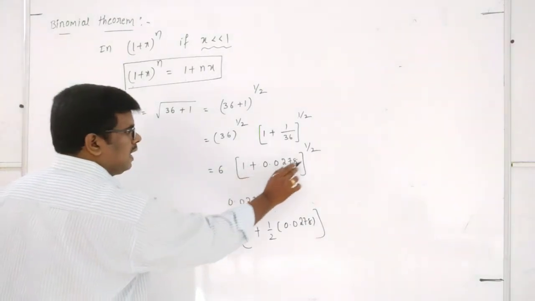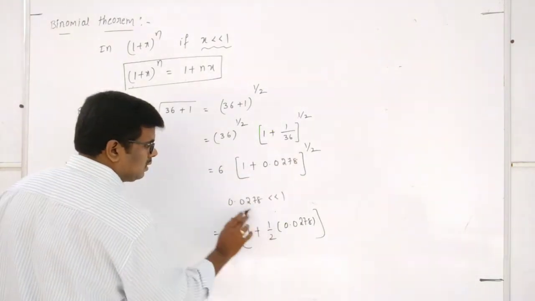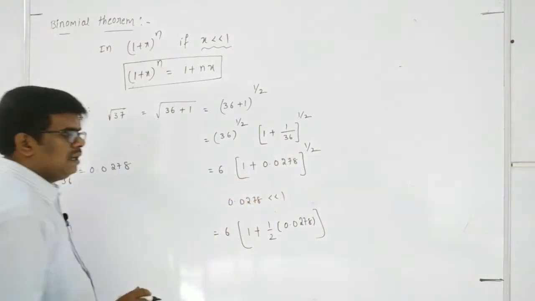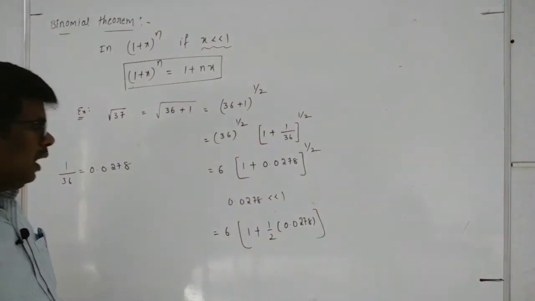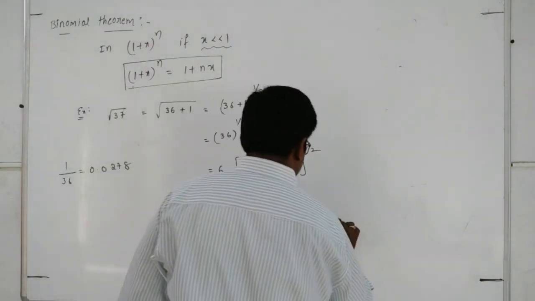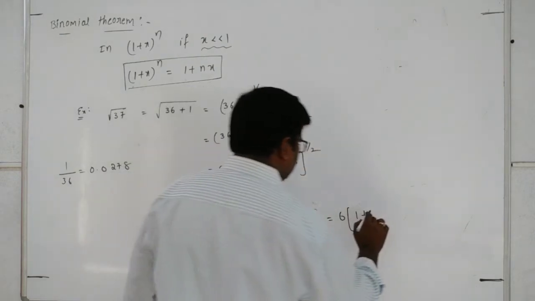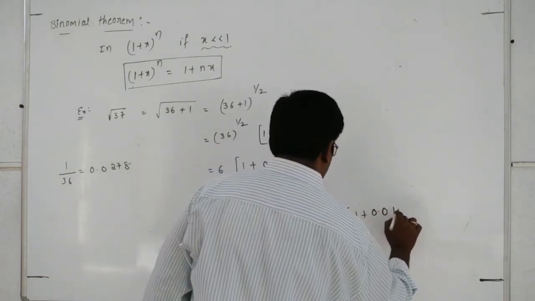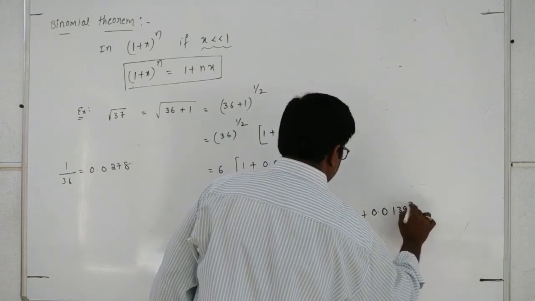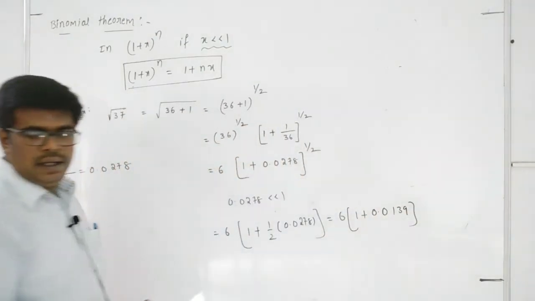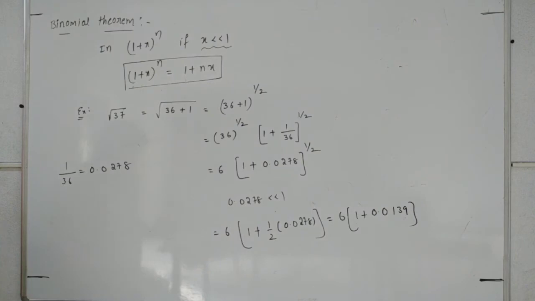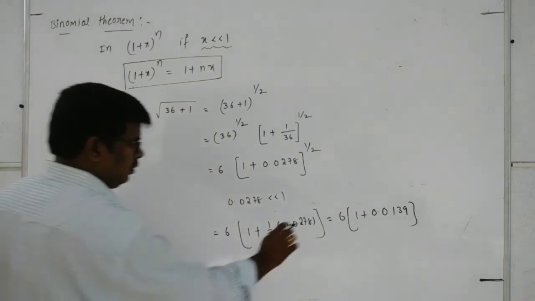So (1 plus x) whole power n I wrote as 1 plus nx, because x is very much less than 1. Now if you divide this by 2, you get 0.0139, and multiplying, we get 6 into 1 plus 0.0139.